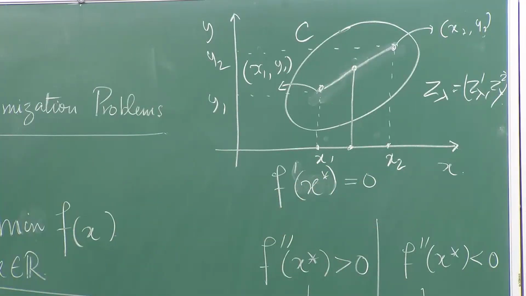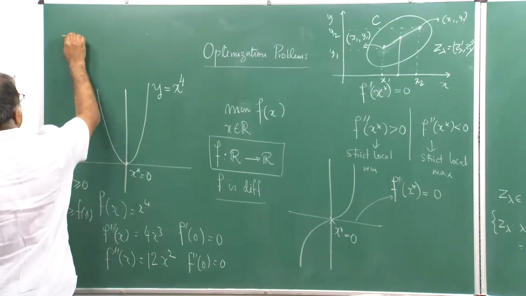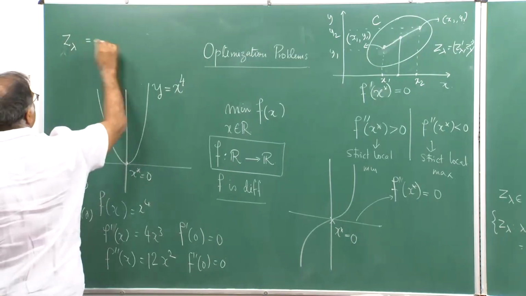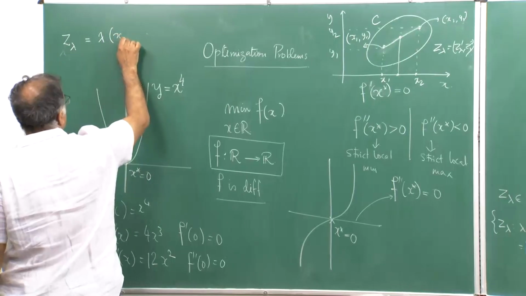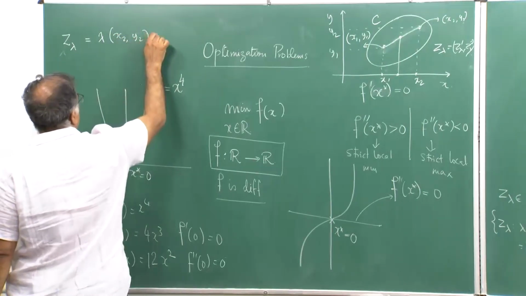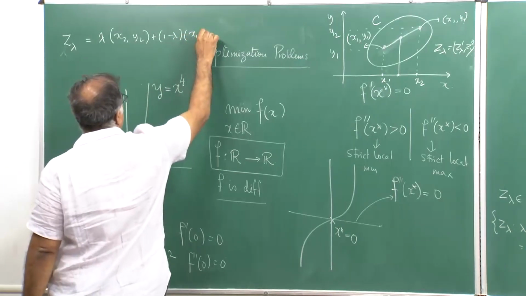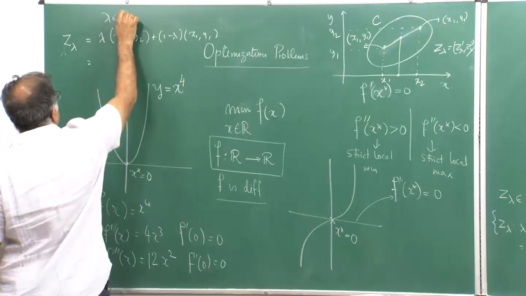So if you have 2 points x1 y1 and x2 y2, then any point z lambda would have coordinates of this form: lambda x2 y2 plus 1 minus lambda x1 y1, where lambda is obviously between 0 and 1.